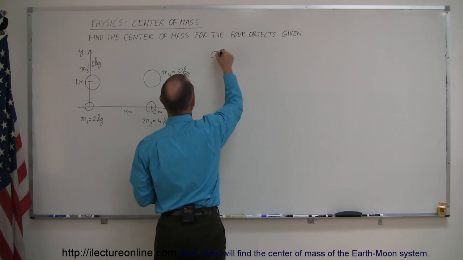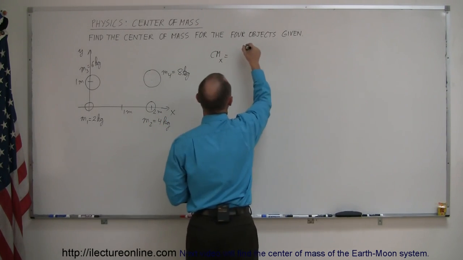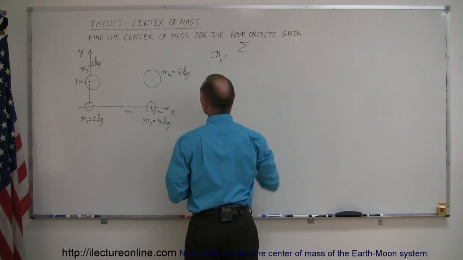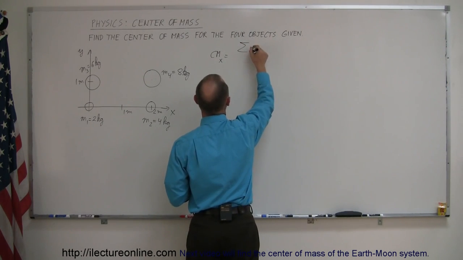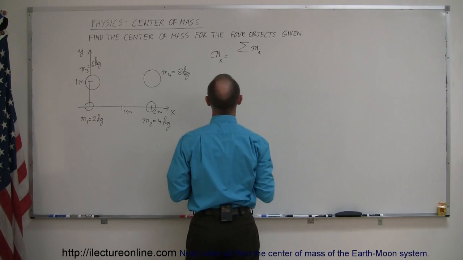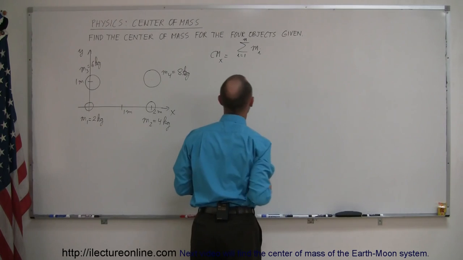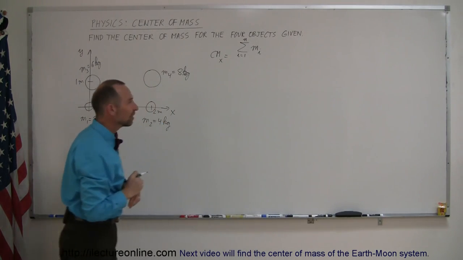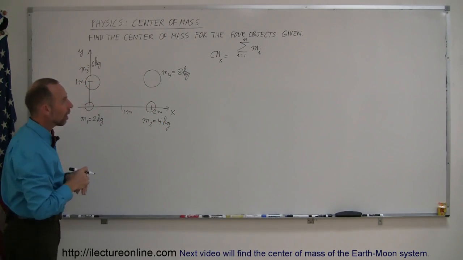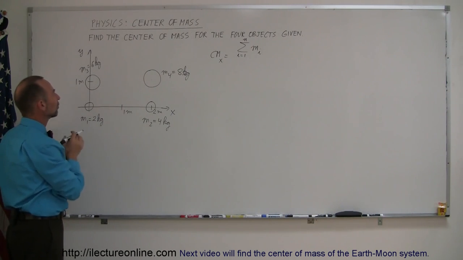The center of mass in the x direction is equal to the sum of the product of the mass of each object, m sub i, from i equals 1 to n, however many there are, multiplied by the x-coordinate of the mass of each of these items.